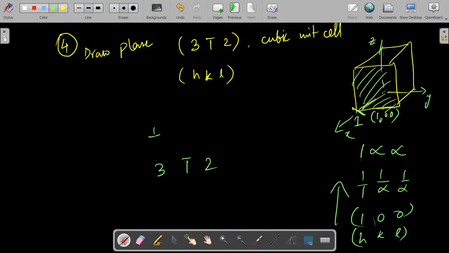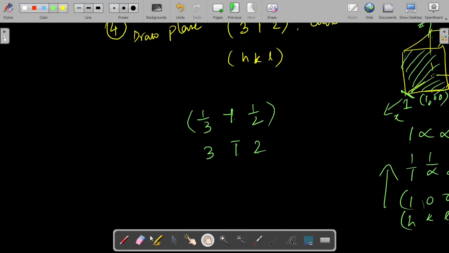So 1 over 3, 1 over 1 means minus 1, means this 1 bar, and then half. These are the intercepts of this plane. Now we have to draw this plane having these intercepts.